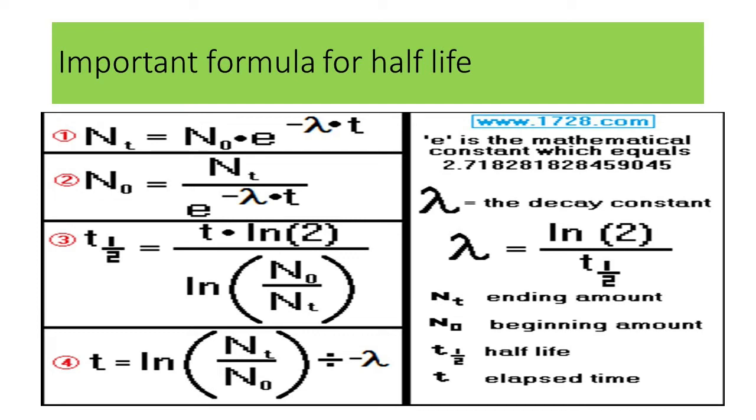So in equation number 1, you will use that when you want to figure out what's the final amount in a certain period of time. While in the second equation, you want to find out what's the original amount. And in the third equation, you want to find what's the half-life of the substance. And in equation number 4, you want to find the time elapsed of the object.